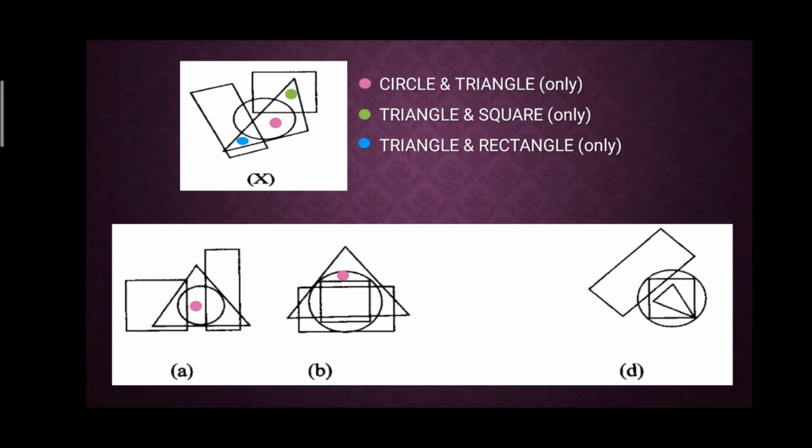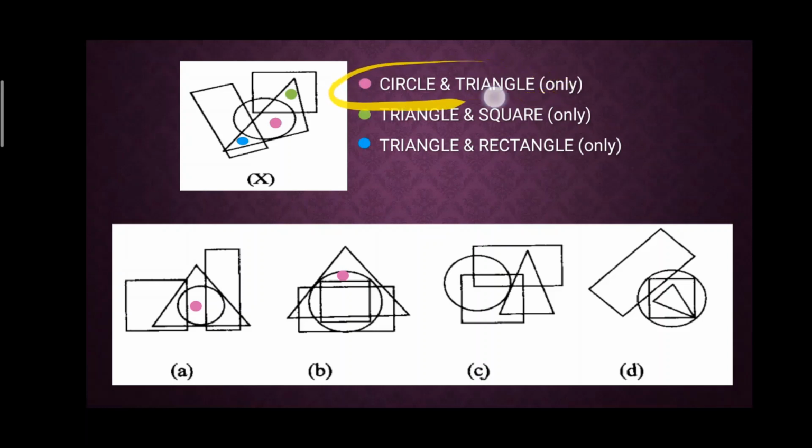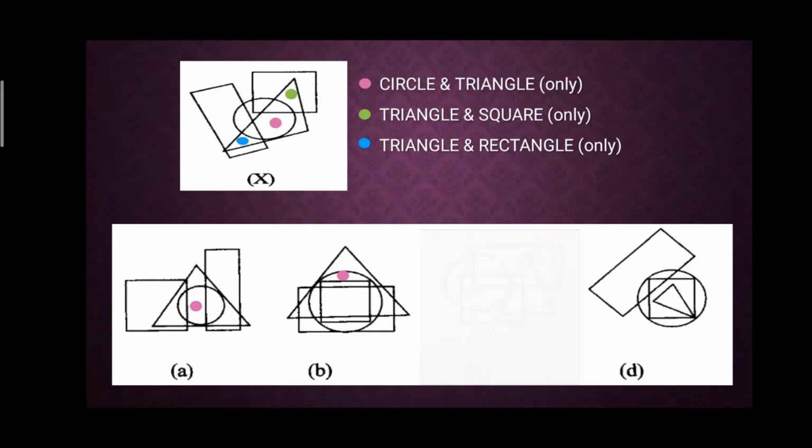Now in option C, you will not be able to see the same thing because I want circle and triangle only, right? Here the circle and triangle are not even intersecting. There are two different figures, very separate from each other. Therefore I can directly eliminate. If I am not getting one single dot, what is the use of the option? So I'll eliminate the option altogether.